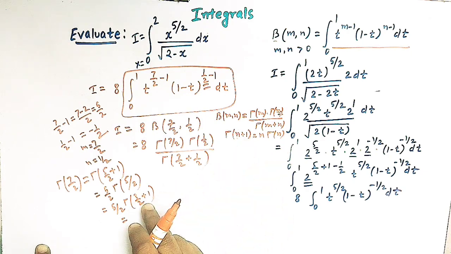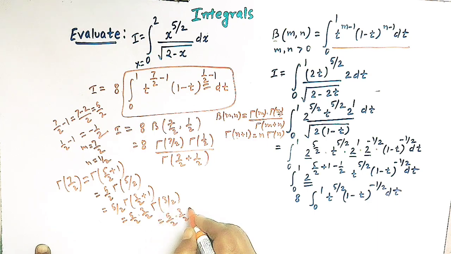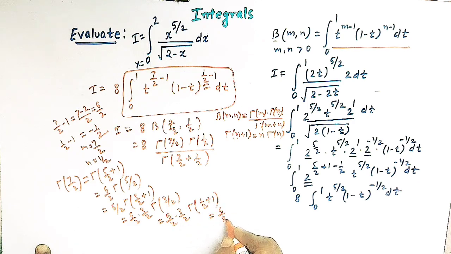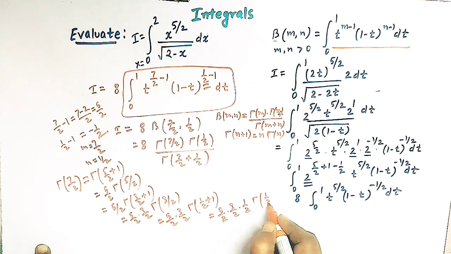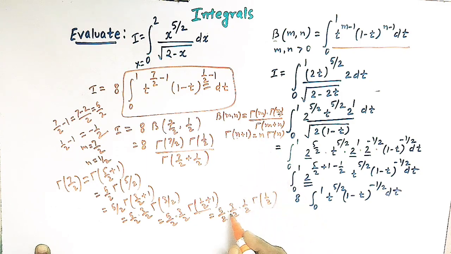Applying this result again, we have 5/2 times 3/2 and gamma 3/2. Let us further write gamma 3/2 as gamma(1/2 + 1). So we can now write 5/2 times 3/2 times 1/2, and then we have gamma 1/2. Here again we have used this result, right? Now 5 times 3 is 15, and 2 times 2 times 2 is 8, and gamma 1/2 is given by square root of pi.